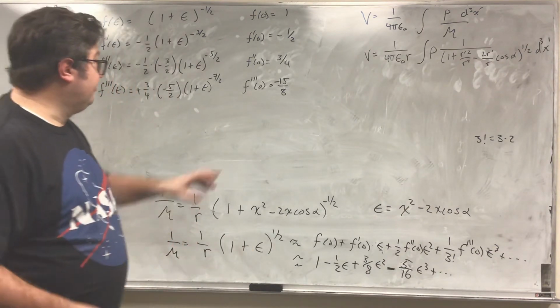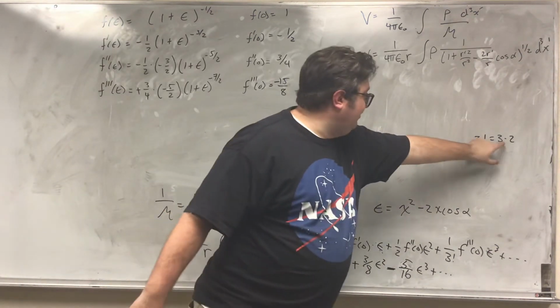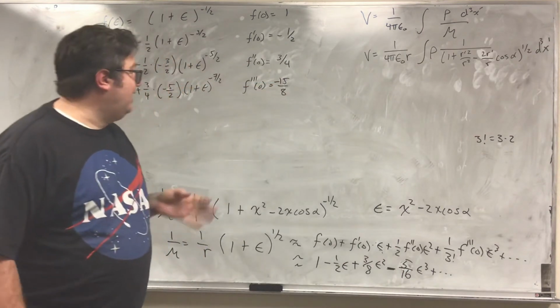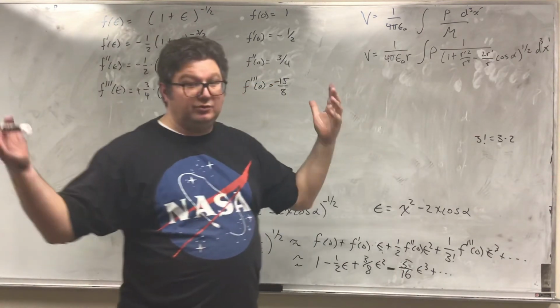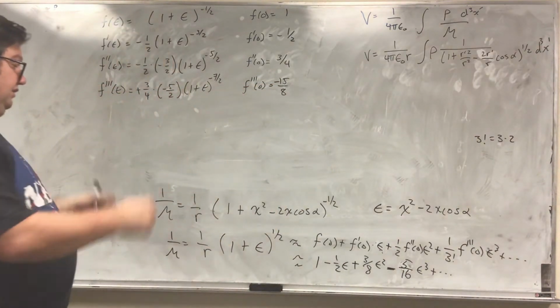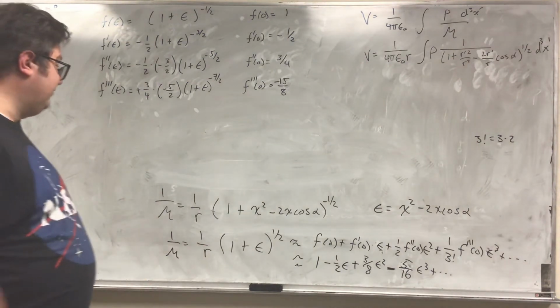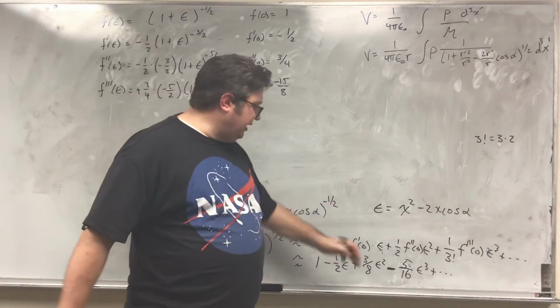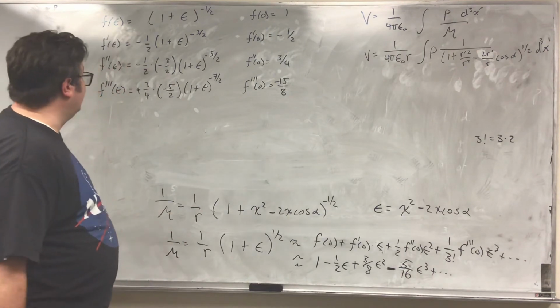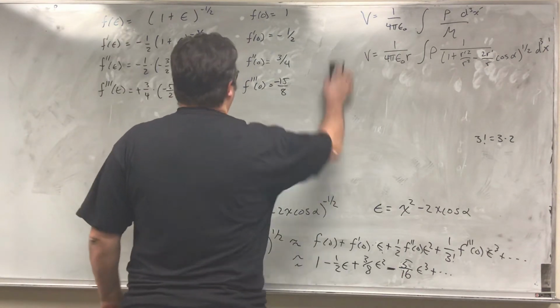Why? The 3 is going to cancel out the 5, but you're still going to have a 2 left over, so 2 times 8 is 16. Okay, now you have to take what you know about epsilon and plug it into this equation. All right, so let's do that.